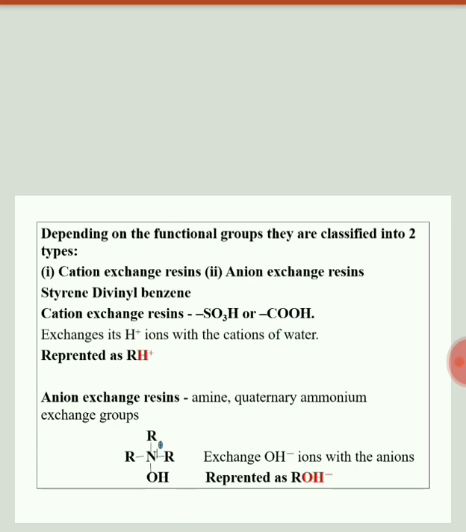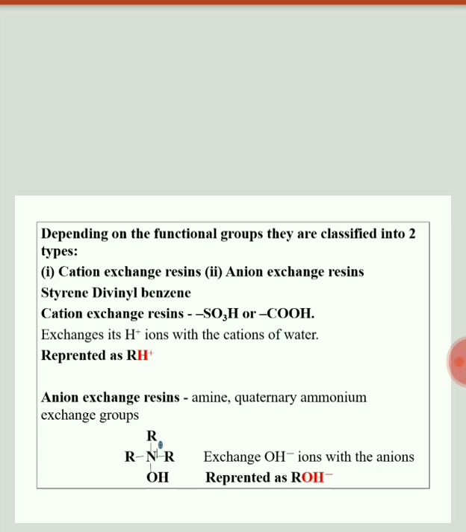Next are anion exchange resins, made up of the same polymer, that is styrene divinyl benzene, but they differ in the functional group. That may be amine or quaternary ammonium exchange groups. The quaternary amine is represented here. The general structure is given.